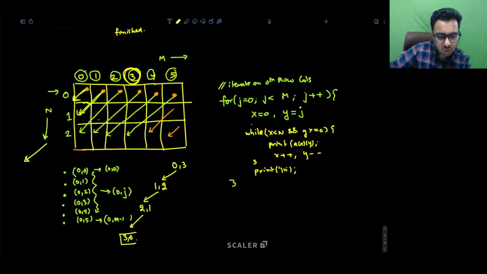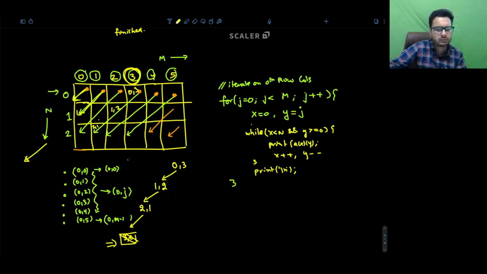But you will not hit this because the third row does not exist. So you will print these three cells: 0 comma 3, then 1 comma 2, and then 2 comma 1. Does it make sense? Everyone, please let me know.